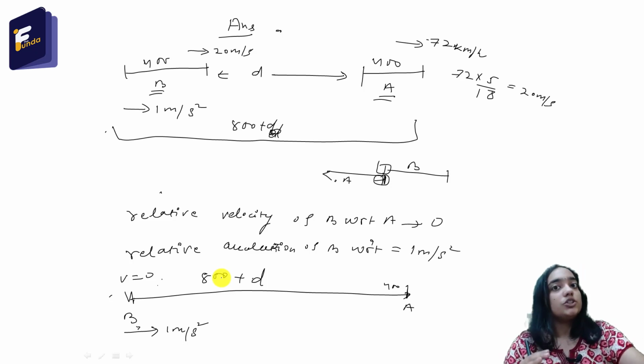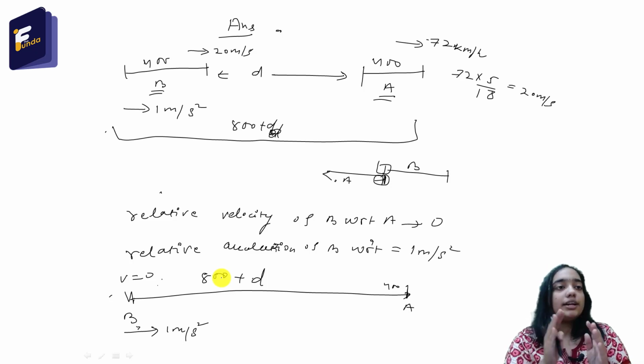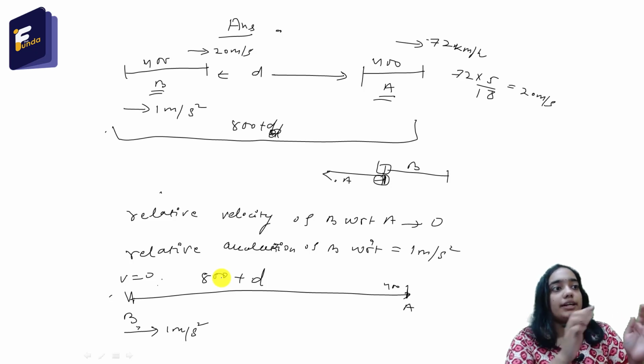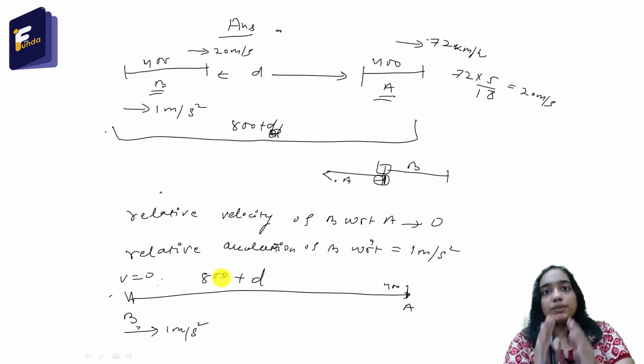From the point of view of A, B has an initial velocity of 0, because the relative velocity is 20 minus 20, and an acceleration of 1 meter per second square.